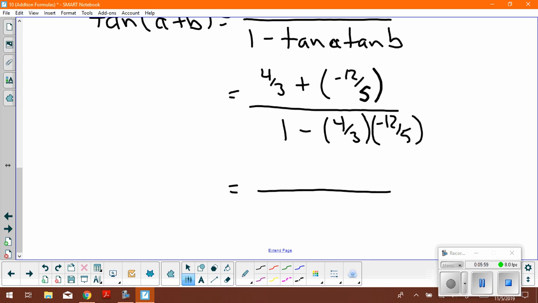So I'm going to have 20/15. Okay, and then I have minus 36/15. Okay, and then it's all over 1 minus, well, let's see, we have a negative there. So I guess this is really going to turn into 1 plus, and 4 times 12 is 48/15.